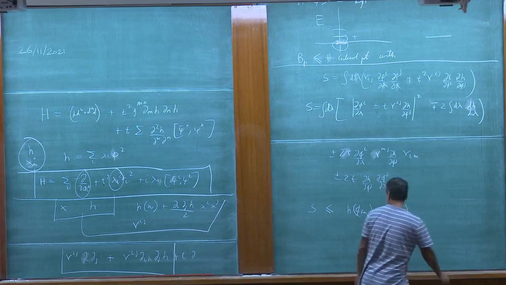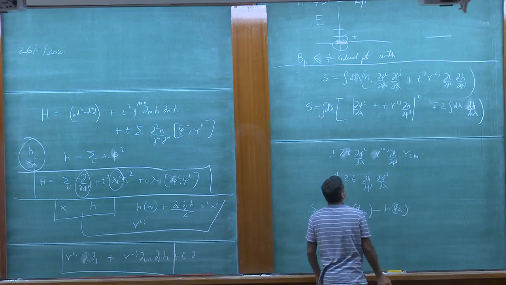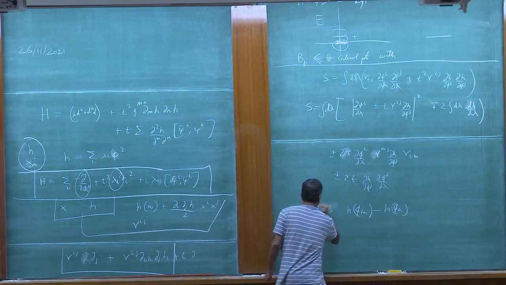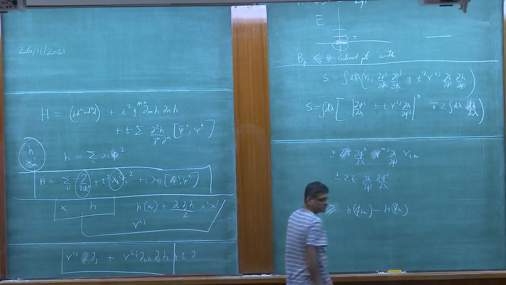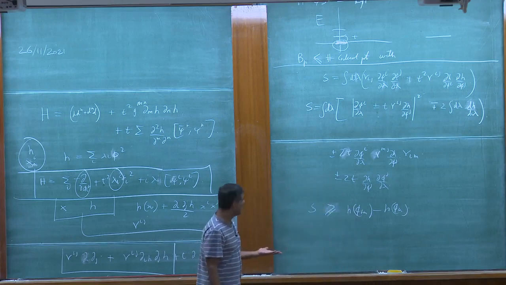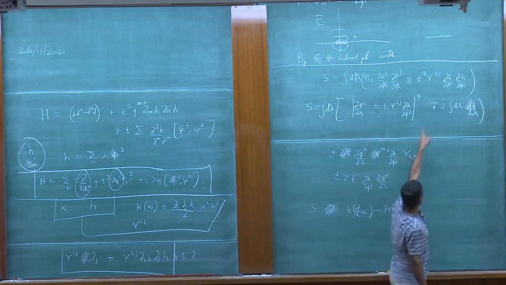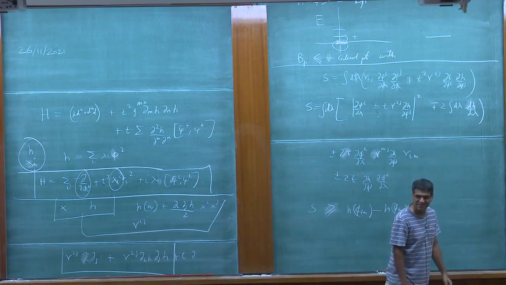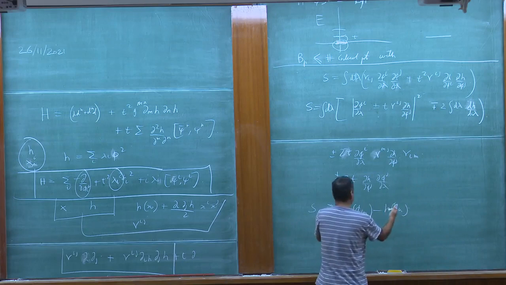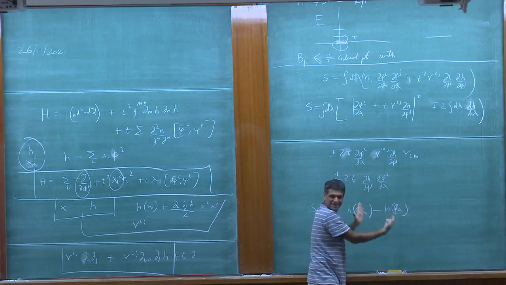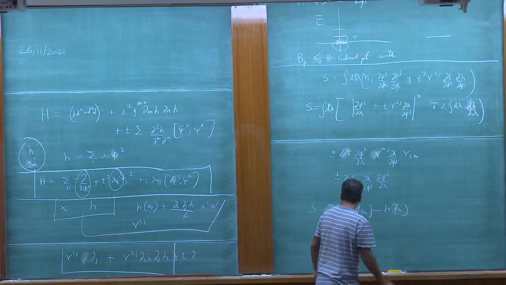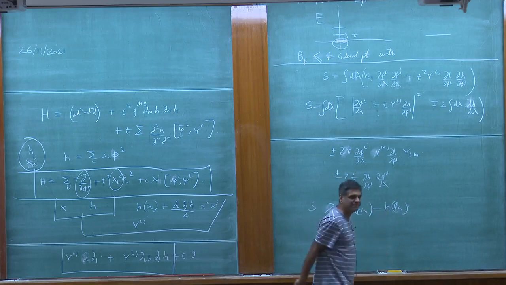Okay? And in fact, less than equal to, greater than, thank you. It's always greater than equal to this, and we can do it with either plus sign or minus sign. We can choose the sign where this is positive to make a non-trivial bound.